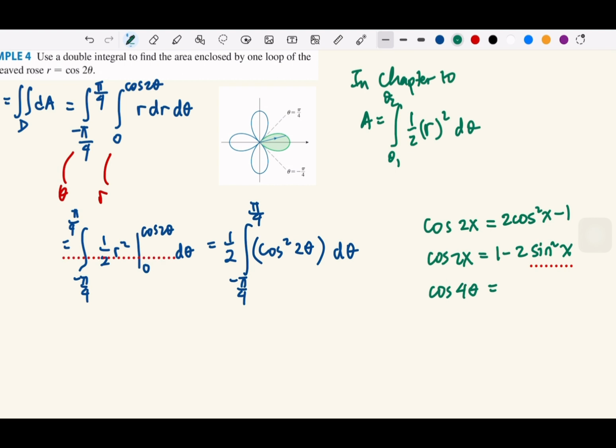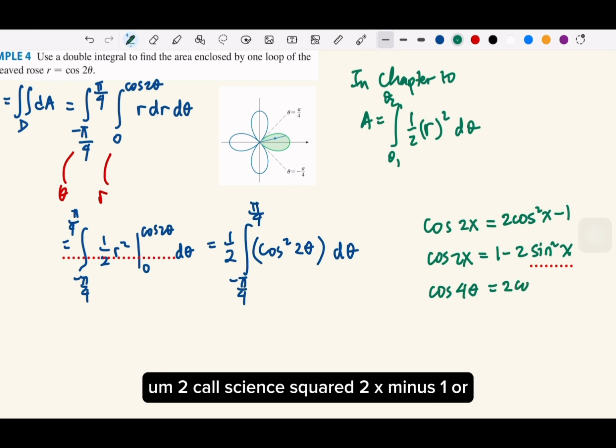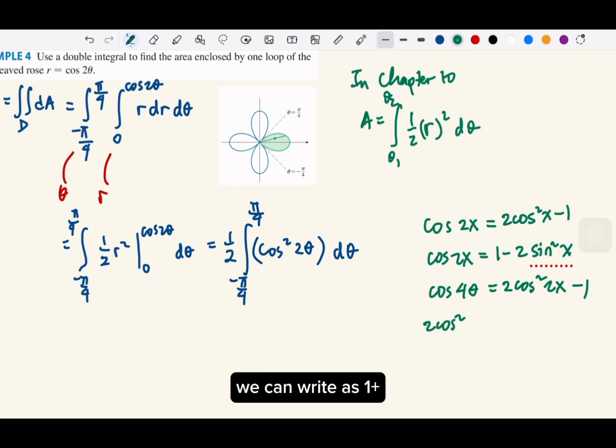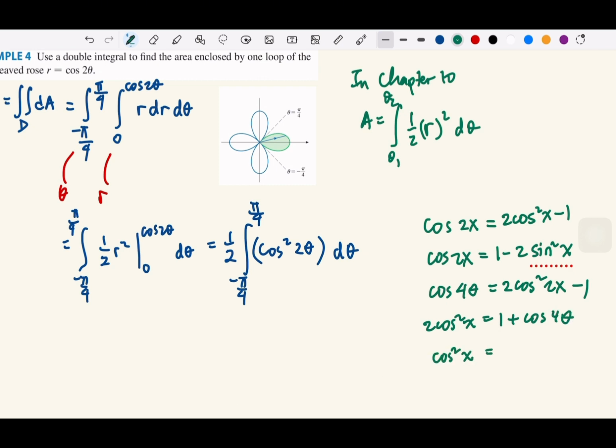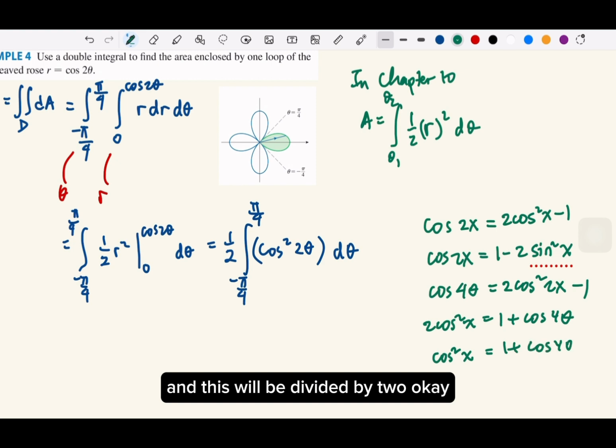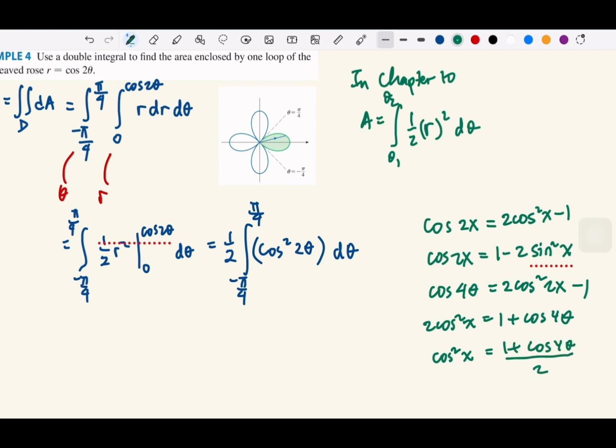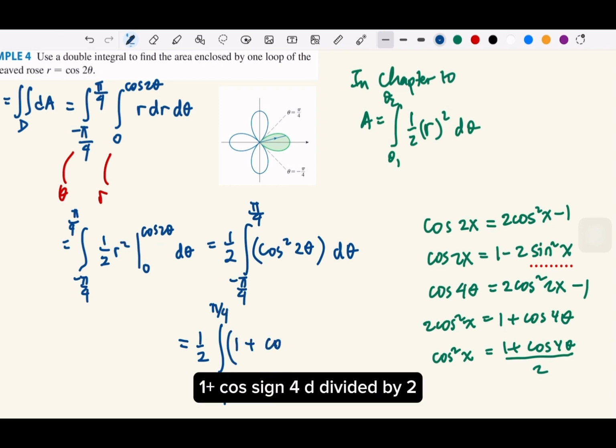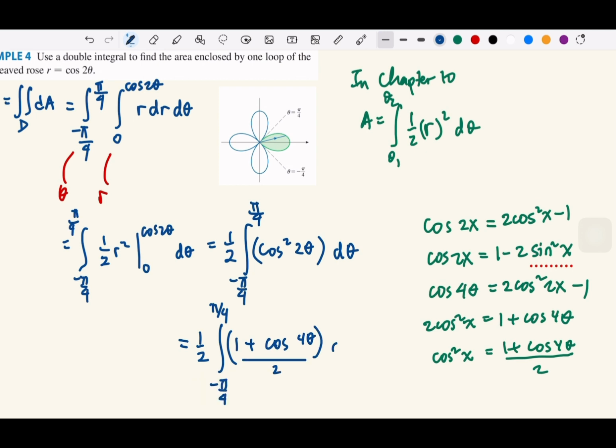Now this will be 2 cosine squared 2 theta minus 1, so we can write it as 1 plus cosine 4 theta, divided by 2 d theta.